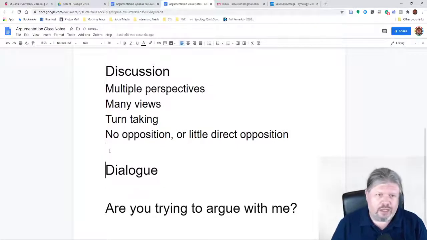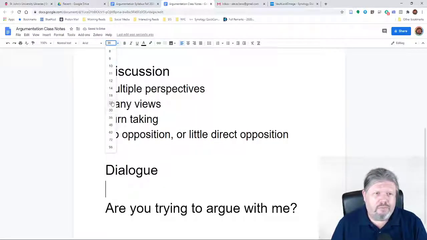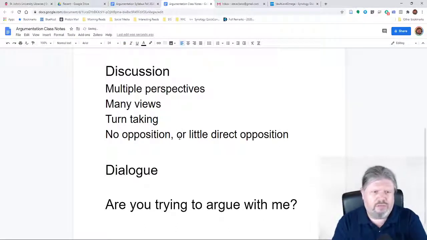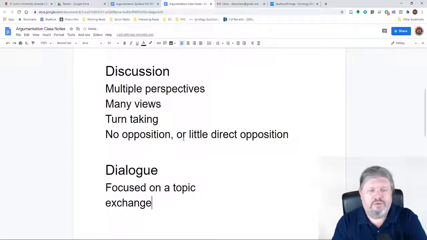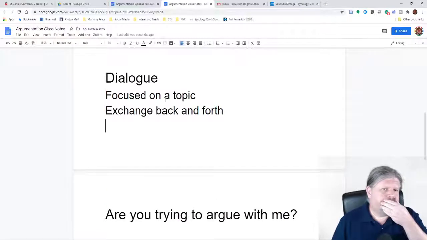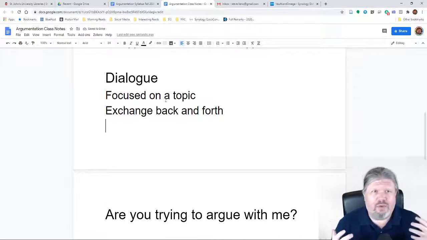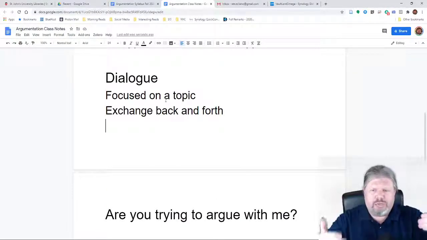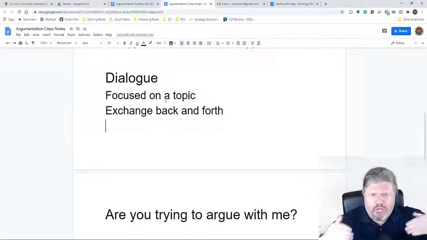What's a dialogue? A dialogue is a little bit more focused. But how does a dialogue differ? A dialogue is focused on a topic. It involves exchange, back and forth, sort of like debate. It has the aim of reaching some kind of new level, new understanding or perspective.